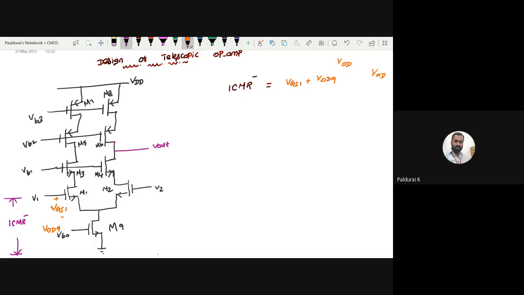In yesterday's class, how did we calculate VGS1? What is the overdrive voltage of the first transistor?